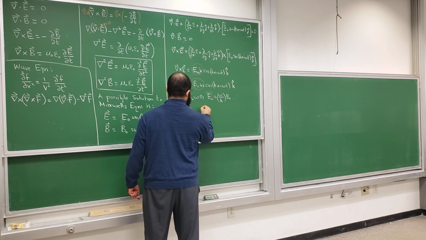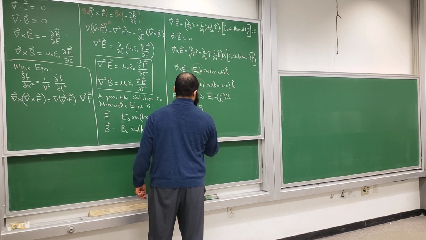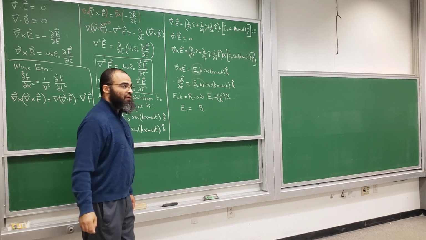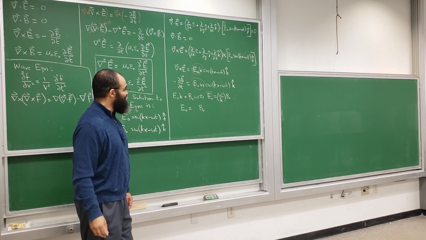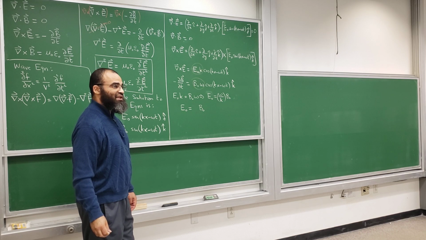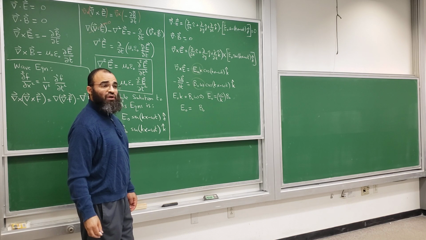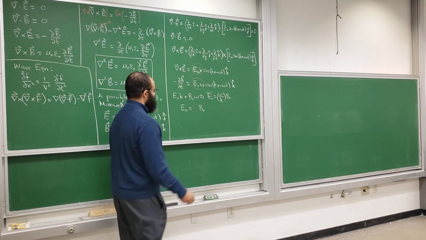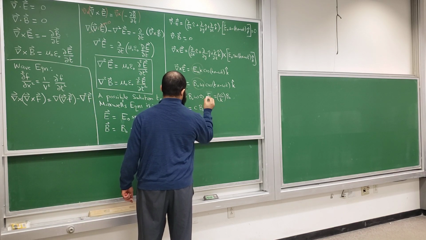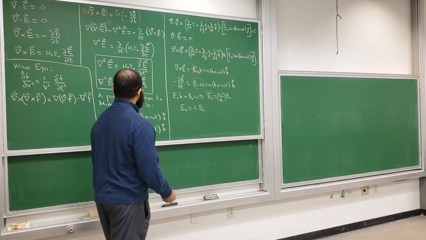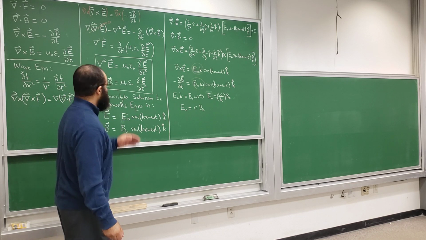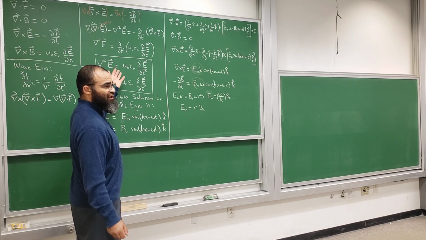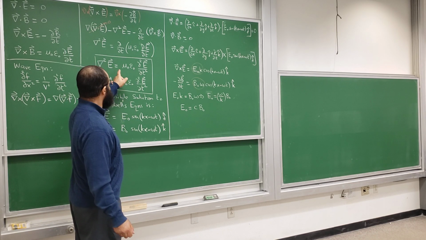What was omega over k? It's v, the speed of the wave. And what speed did they move? We said last time it was the speed of light, right? So c, the speed of light. And by the way, this is the wave equation.